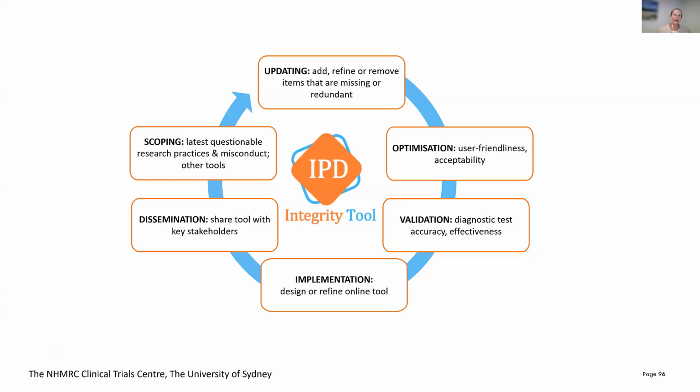We're also looking at AI-generated data sets and whether the tool can detect these. And we're looking to disseminate more broadly and, of course, continue scoping. I consider this akin to doping in sport. The fraudsters are maybe always going to be one step ahead, so we need to keep scoping and try to keep pace with the latest methods, especially with the rapid advancements in AI.